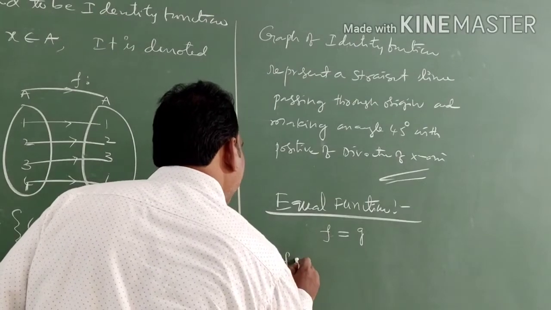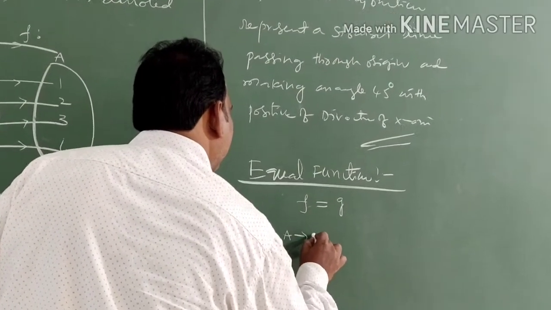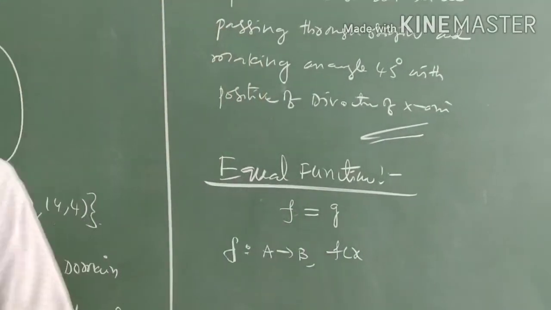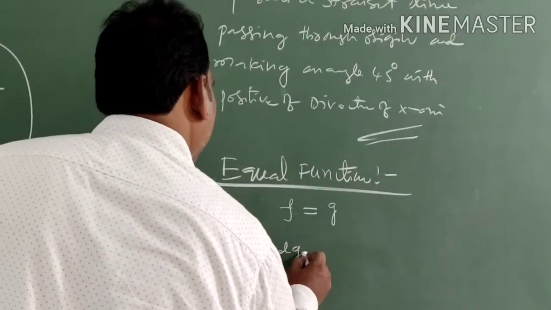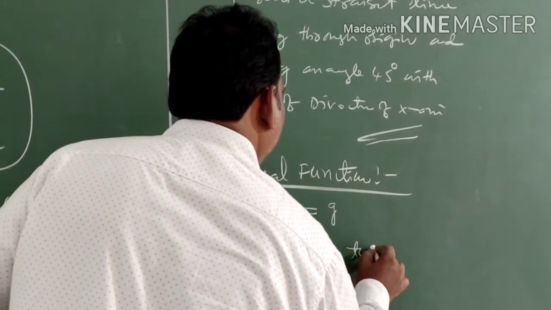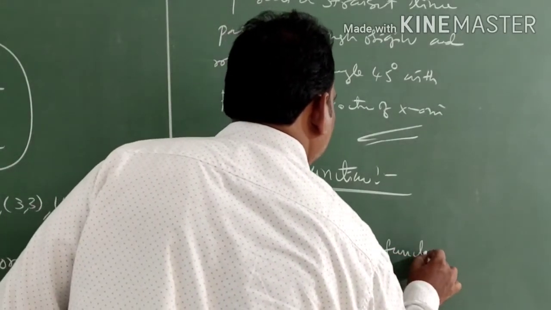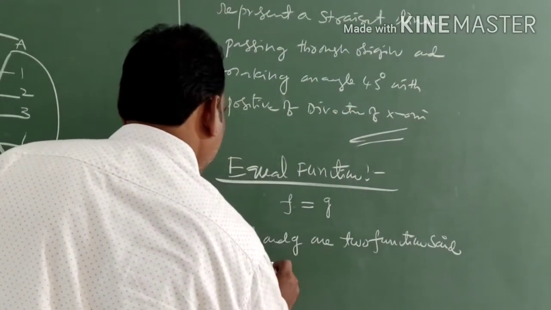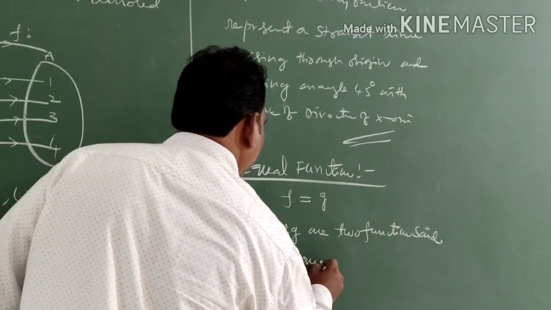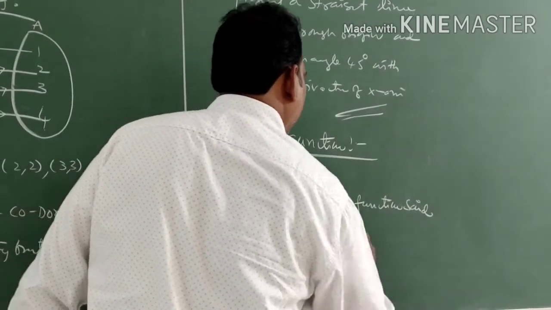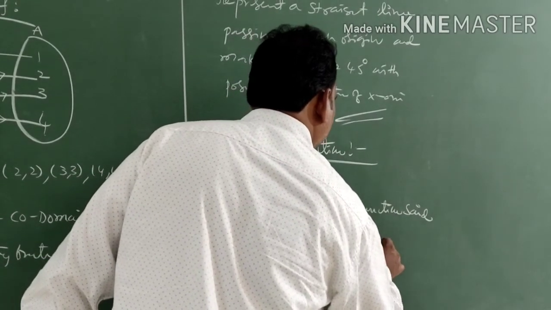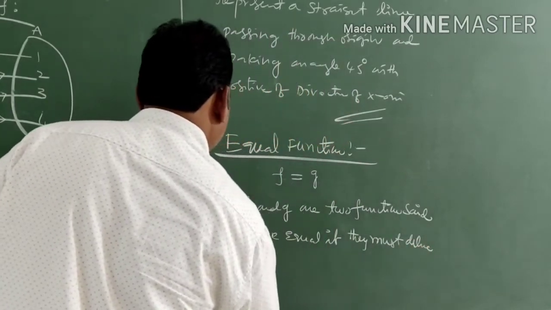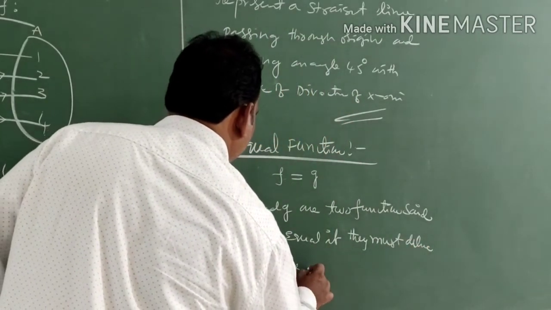f is a mapping from A to B, and f and g are two functions said to be equal if they must be defined with the first condition, same domain.